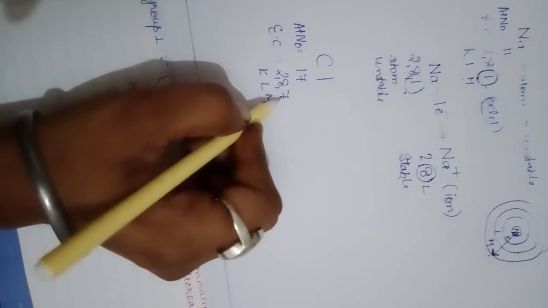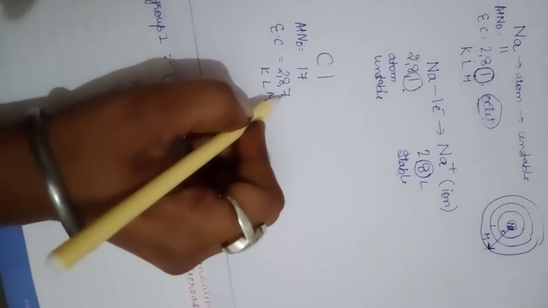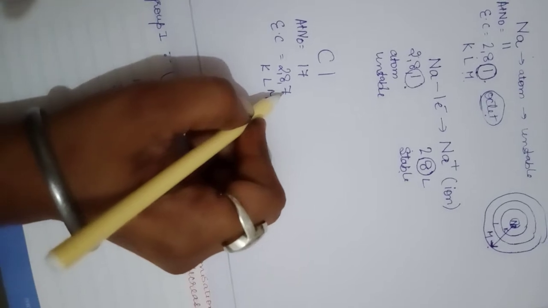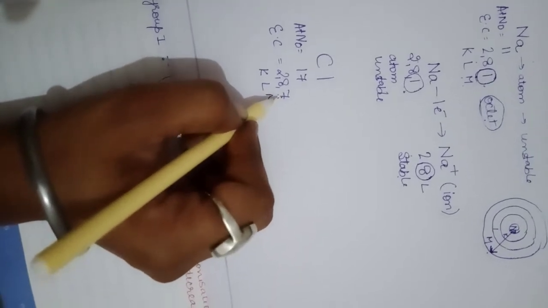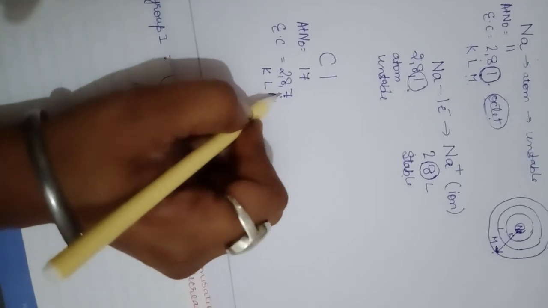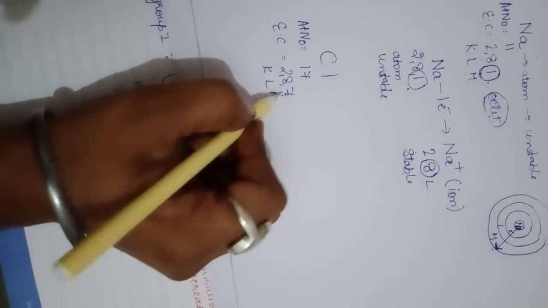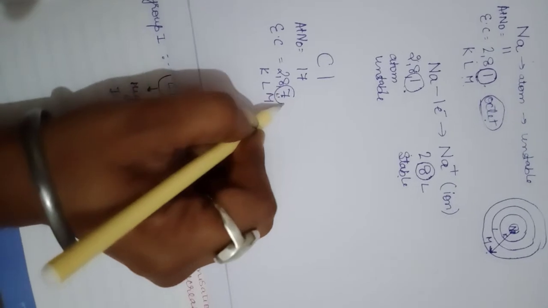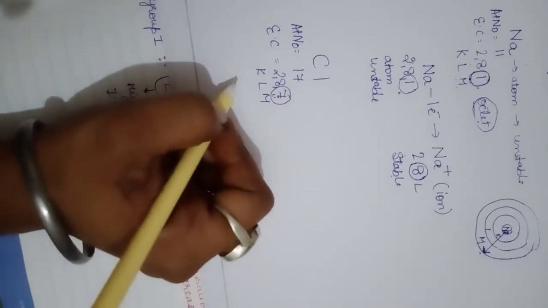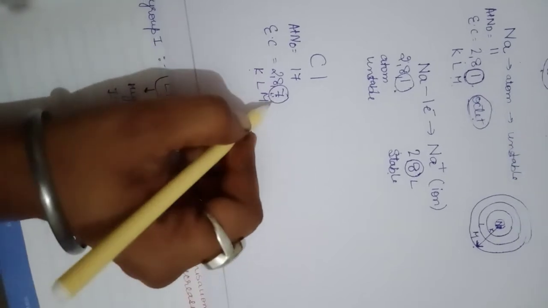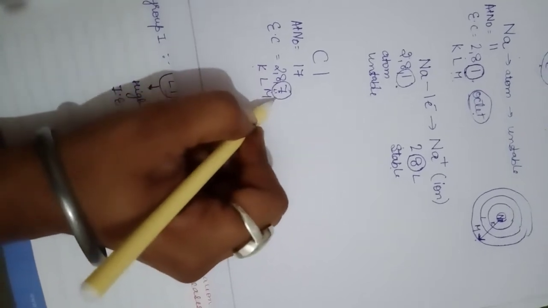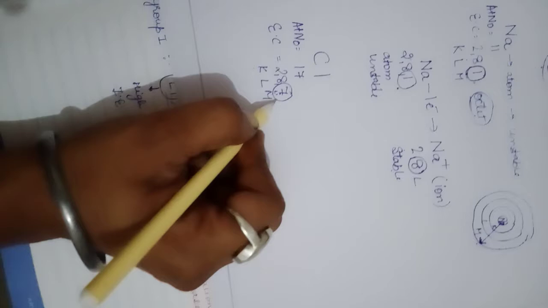So its stability will be through gain of electron. Okay, now in this case, if I want to apply ionization energy to remove the electron from chlorine atom, there are 7 electrons in the outermost shell which are firmly held by the nucleus. Hence it will be very difficult to remove the electron from the chlorine atom.